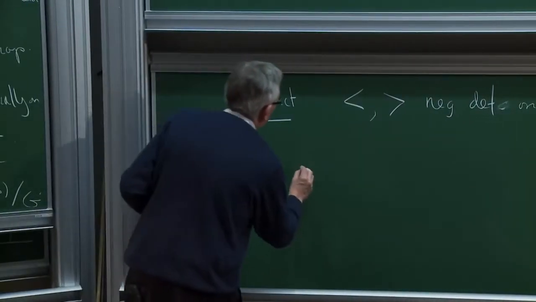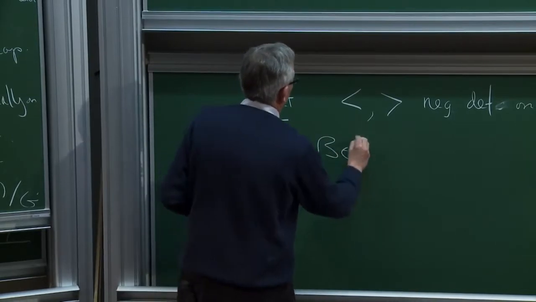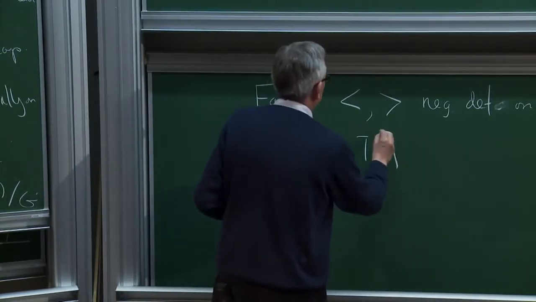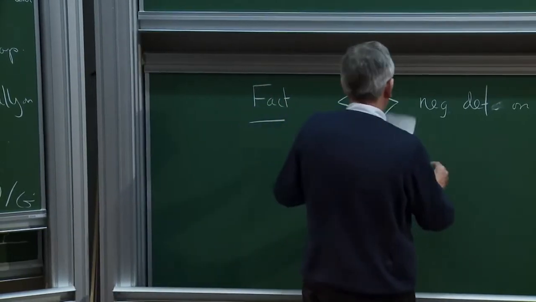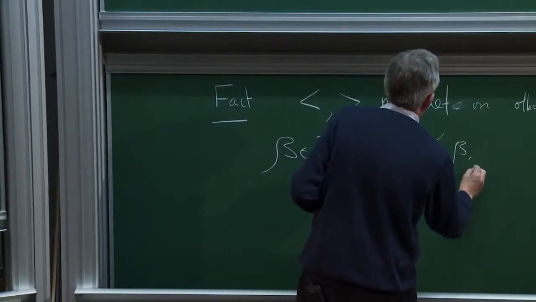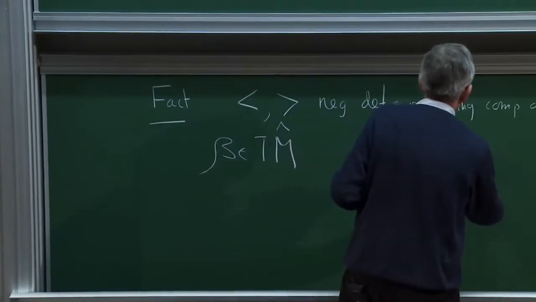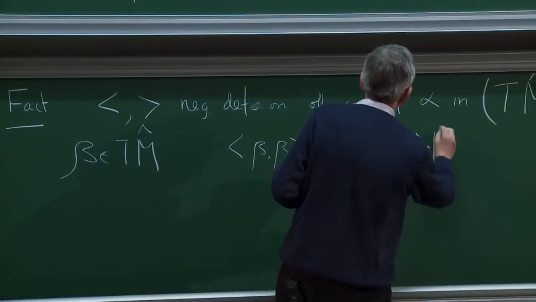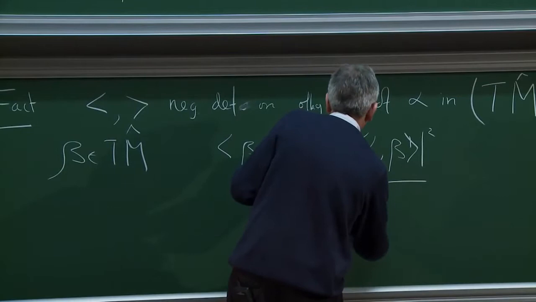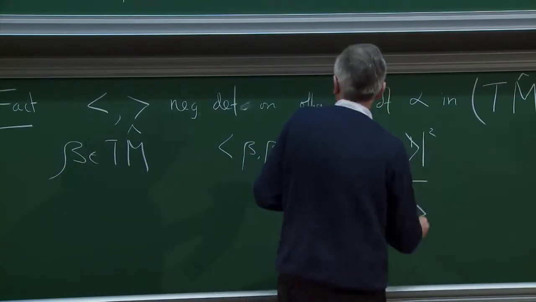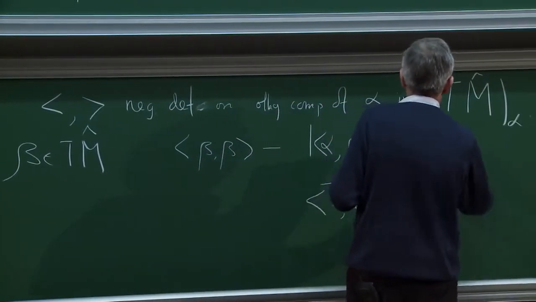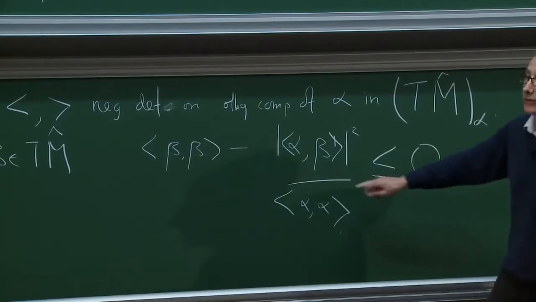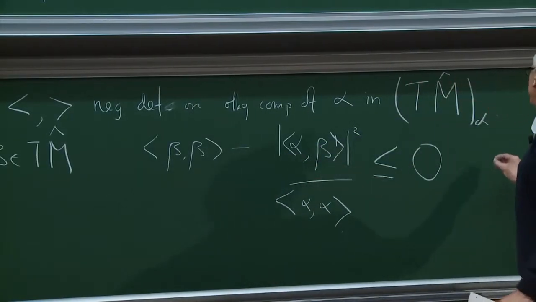That's to say, if we have any beta in the tangent space, and I remove the component along alpha, which is some formula like this, then that thing is negative, and 0 if and only if beta is a multiple of alpha.